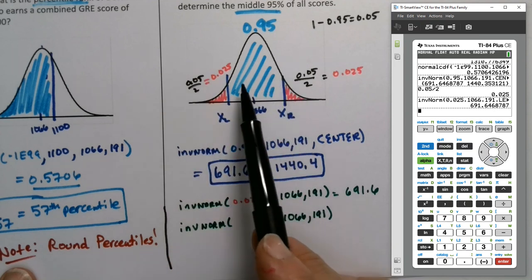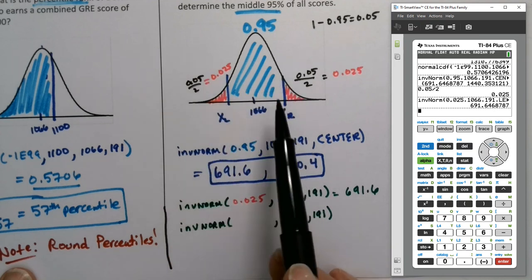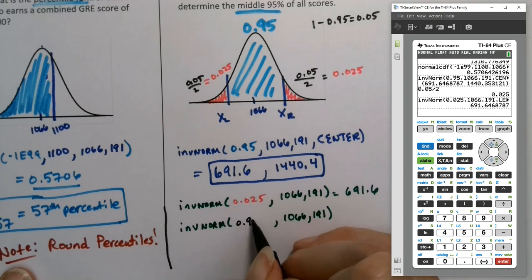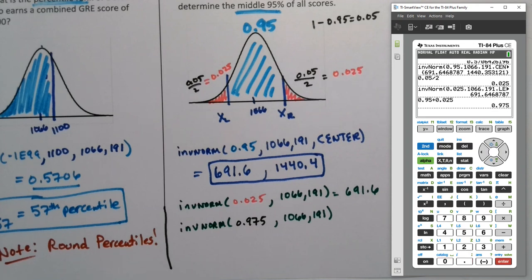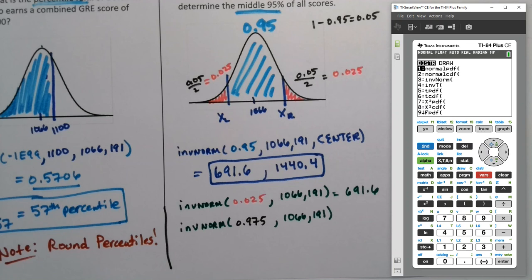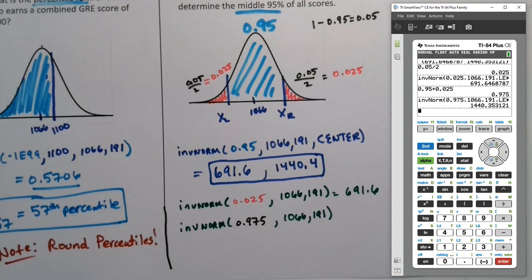It's everything to the left of this value. So that would be 0.975. Here, 0.95 plus 0.025 makes 0.975. So then if I do inverse norm, 0.975 and left, there you have it, 1440.